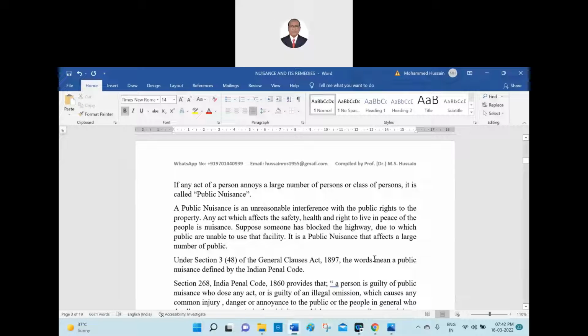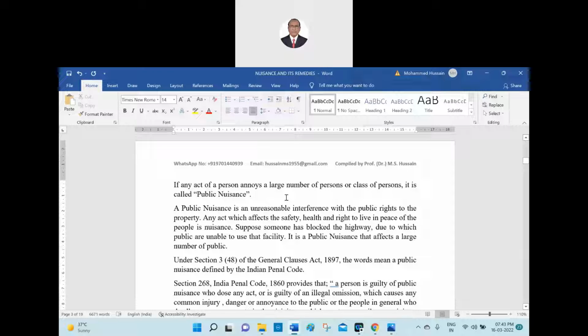If any act of a person annoys a large number of persons or a class of persons, it is called a public nuisance. When many are annoyed, disturbed, or inconvenienced, at that instance we can say public nuisance. Or any nuisance created in a public place is a public nuisance.